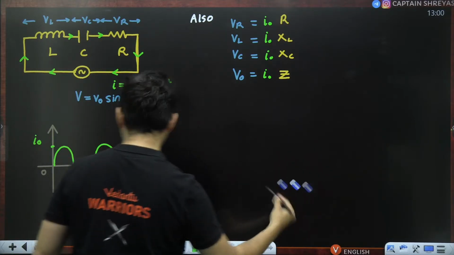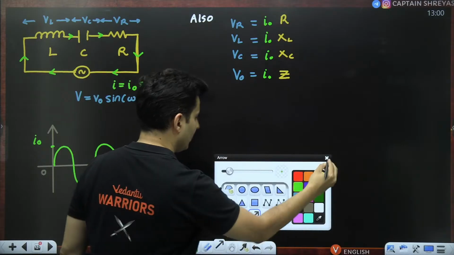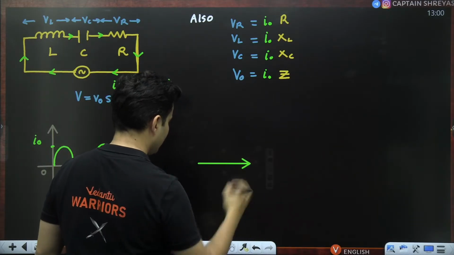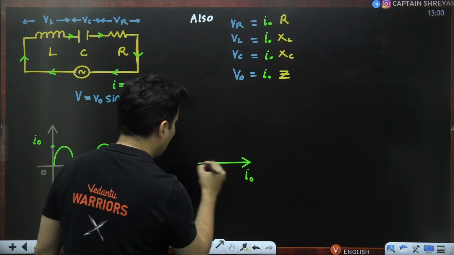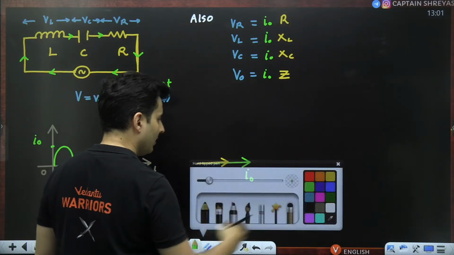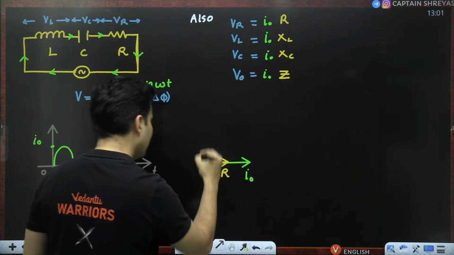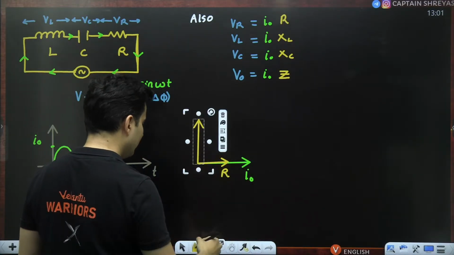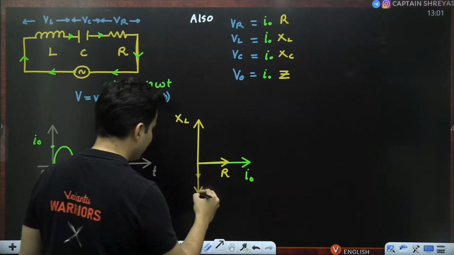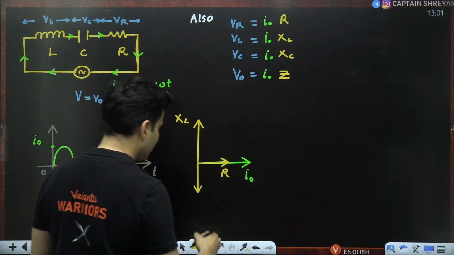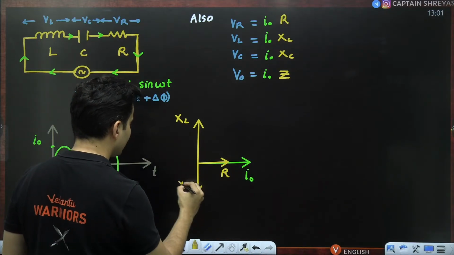So instead of the phasors drawn for the voltage, I could have also drawn it for the resistances like this. So this is basically your I0, and along the current you will have the resistance in the same phase. You will have inductive reactance leading by 90 degrees to the current, and you will have capacitive reactance lagging, behind the current by 90 degrees. So this is XC.